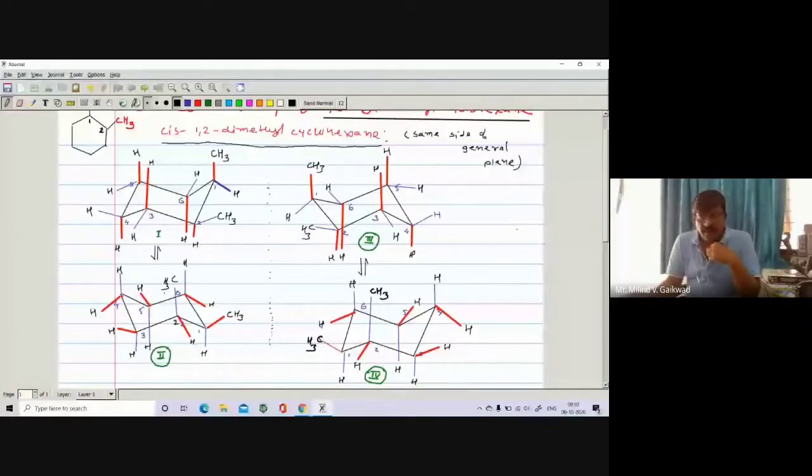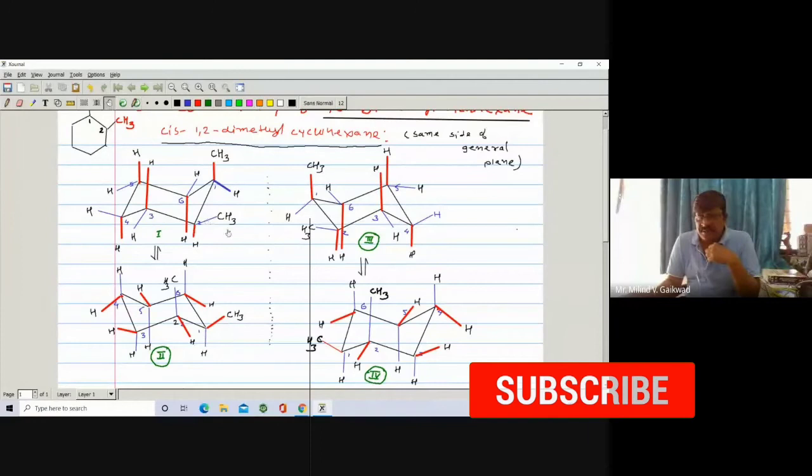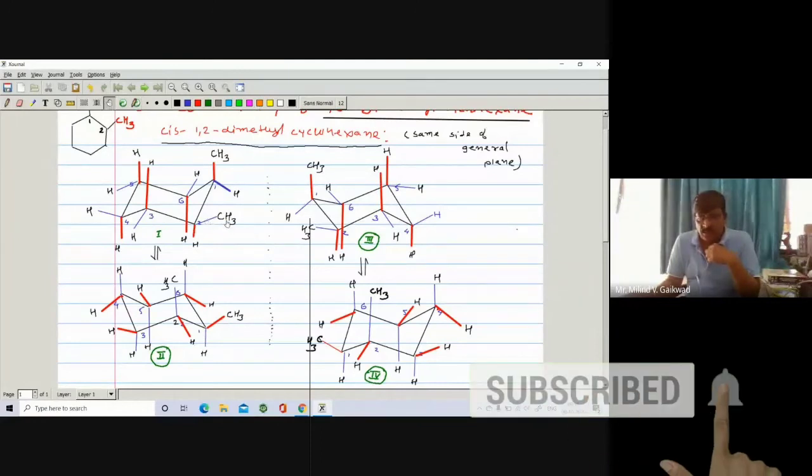In this case, the methyl group on carbon number 1 is above the plane. Whether it is axial or equatorial, it is axial. And on carbon number 2, the methyl group is also going above the plane, but in this case the methyl group is in the equatorial position. So one methyl is axial, the other is equatorial.